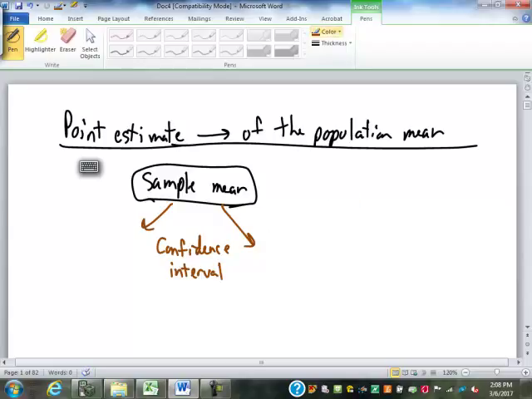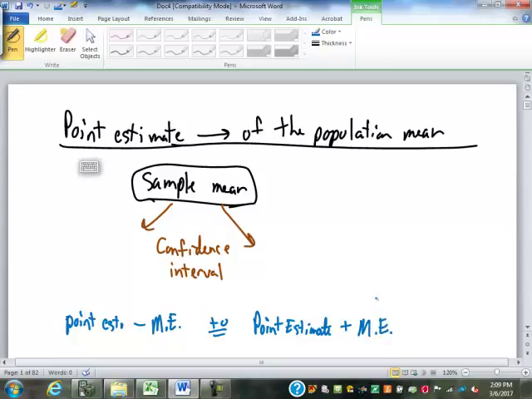That confidence interval is based off of finding a margin of error. And so the interval itself is the point estimate minus that margin of error, I'm just going to call it ME for now, to that point estimate plus that margin of error.